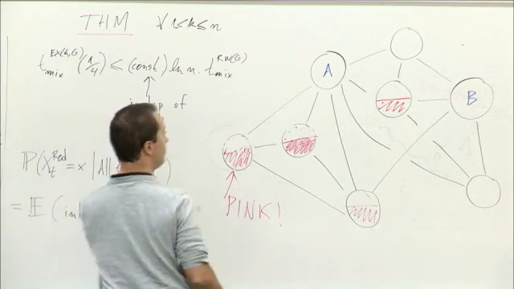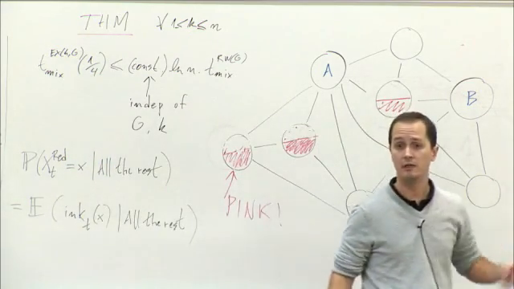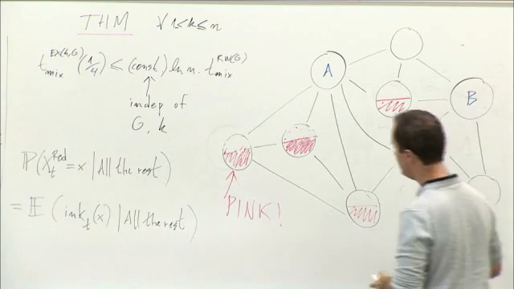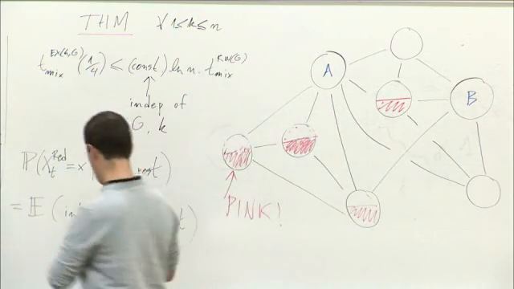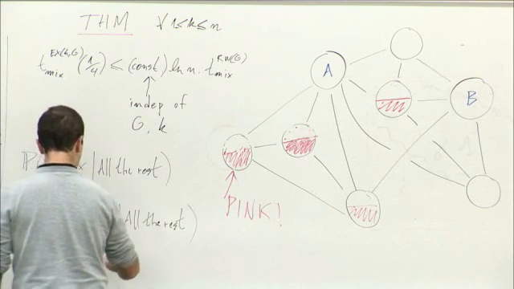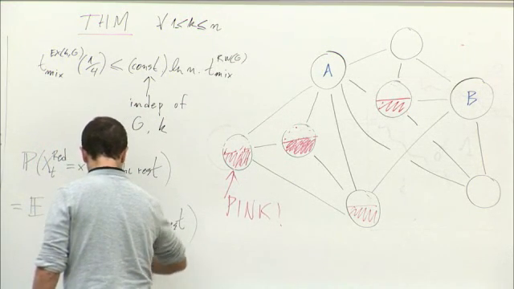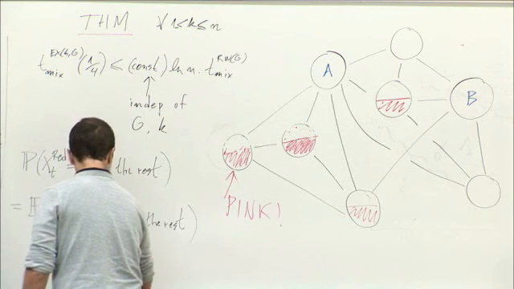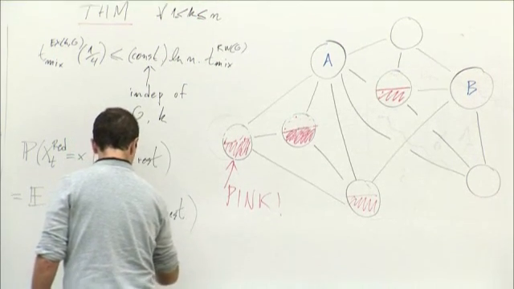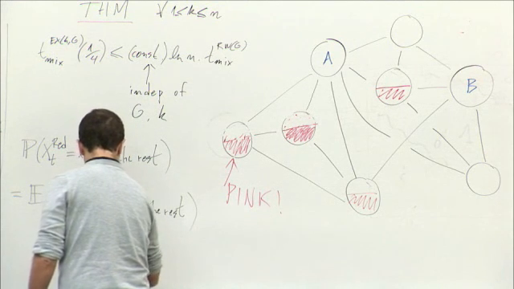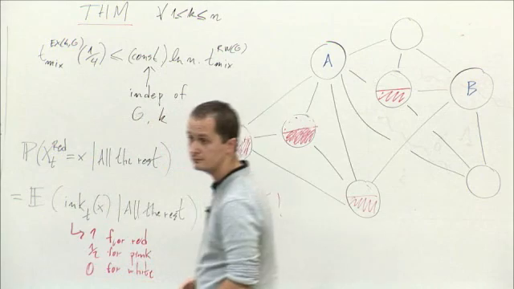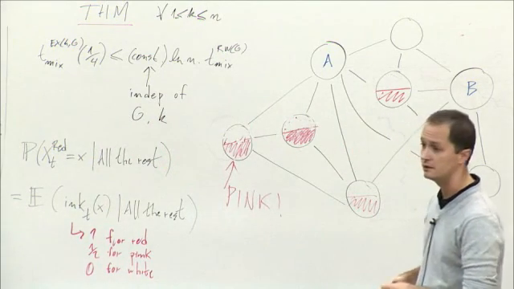So you can see that the blue stuff is going to move as it moved before, right? And what I mean by ink is that this is 1 for red, this is half for pink, and this is 0 for white. So that's what I mean by ink.